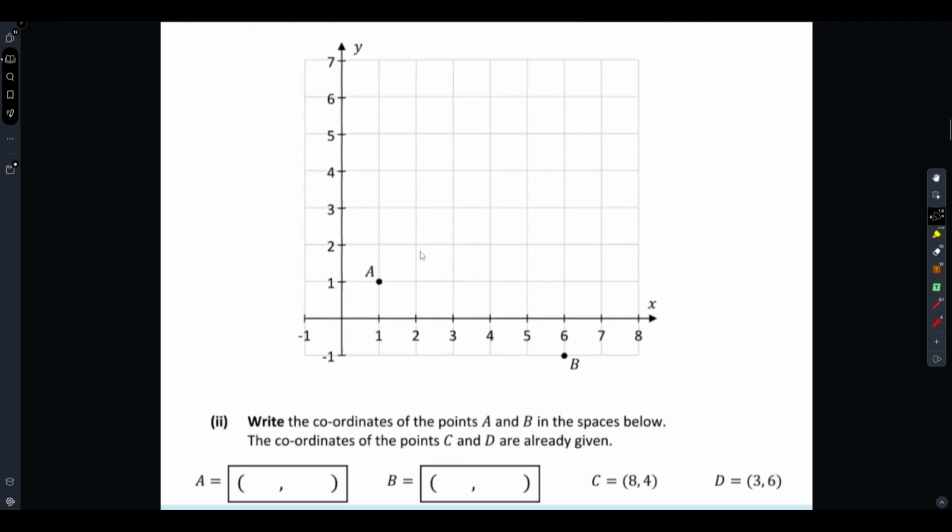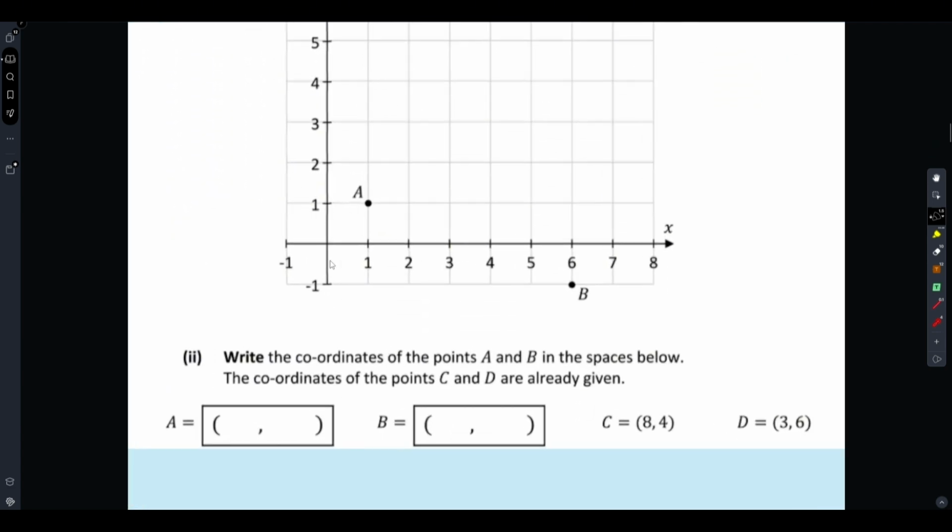So let's do another example here. What is the point A going to be? Write down the coordinates of the points A and B in the space given below. The coordinates of the points C and D are already given. The point A, 1, 1, hands up if you agree with that. Exactly.